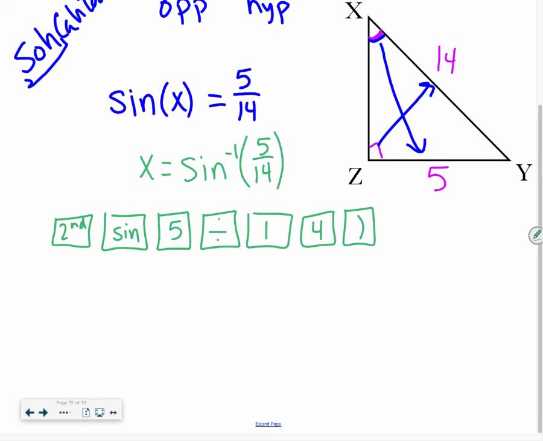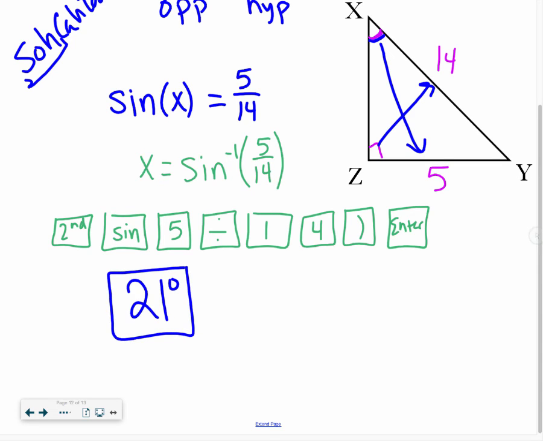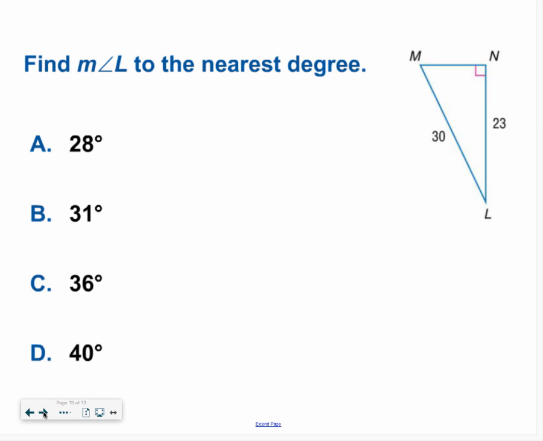You can close the parentheses if you want, and then enter. Once you type that into your calculator like that, you should end up with an answer that when you round to the nearest degree is 21 degrees. If that's not what you got, please be sure to reach out for some help so we can see what's going on. Go ahead and solve angle L to the nearest degree.